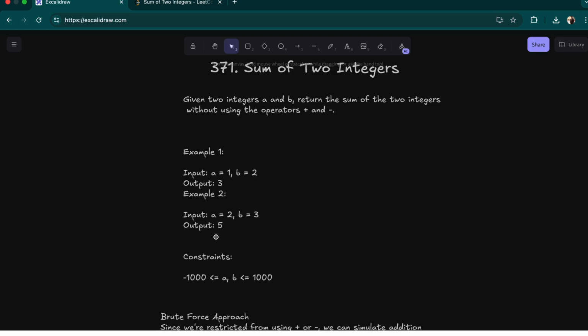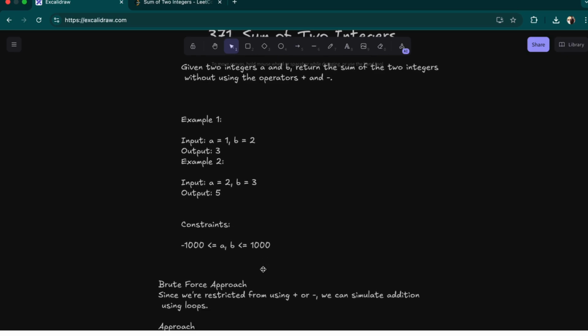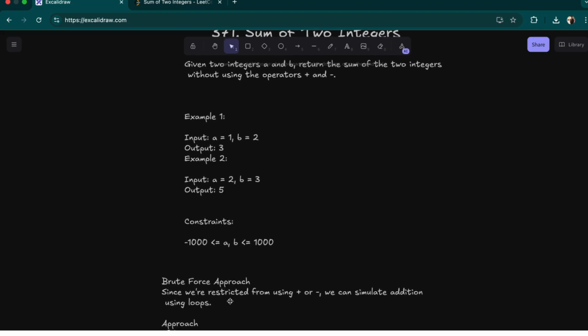In the second example we have 2 and 3, and the output will be 5. Constraints are that a and b should be greater than or equal to minus 1000 and less than or equal to 1000.